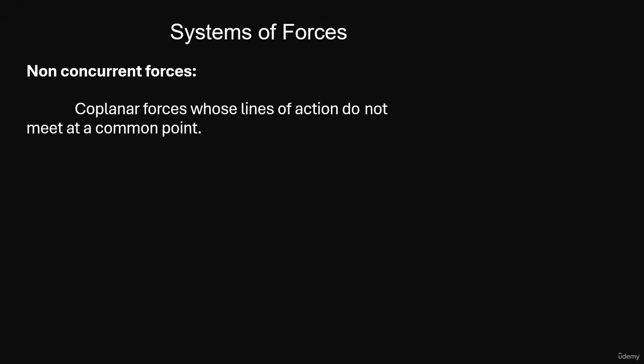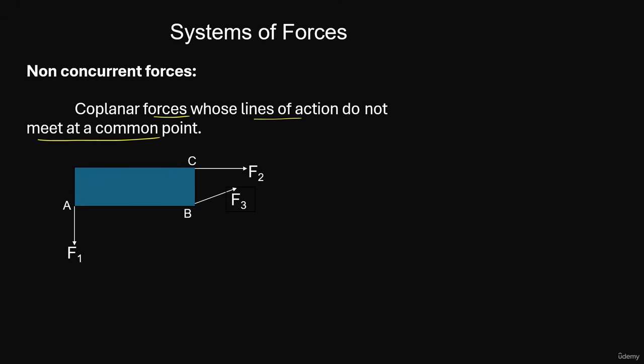Next we have non-concurrent forces. So coplanar forces whose line of action does not meet at a common point are called non-concurrent forces. So here you can see if I extend F1 upwards and extend F2 further on the left side, F1 and F2 are intersecting at this point.